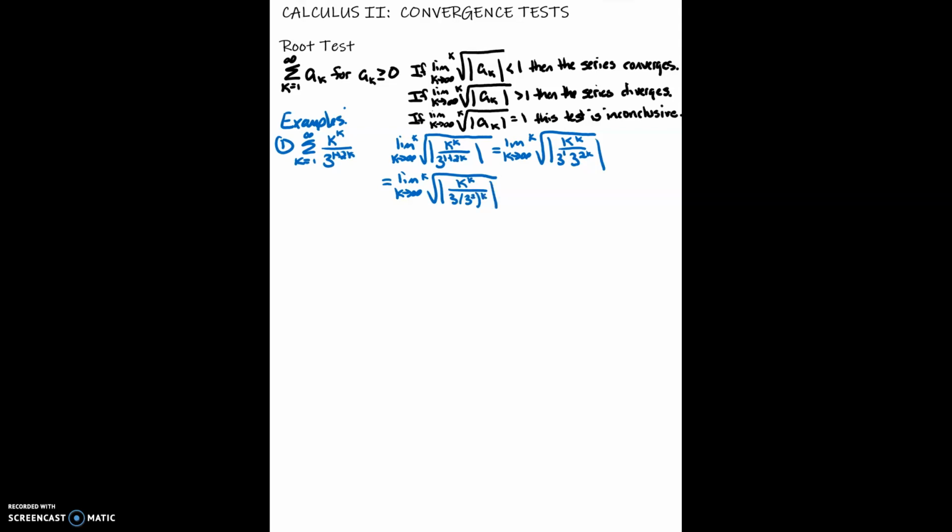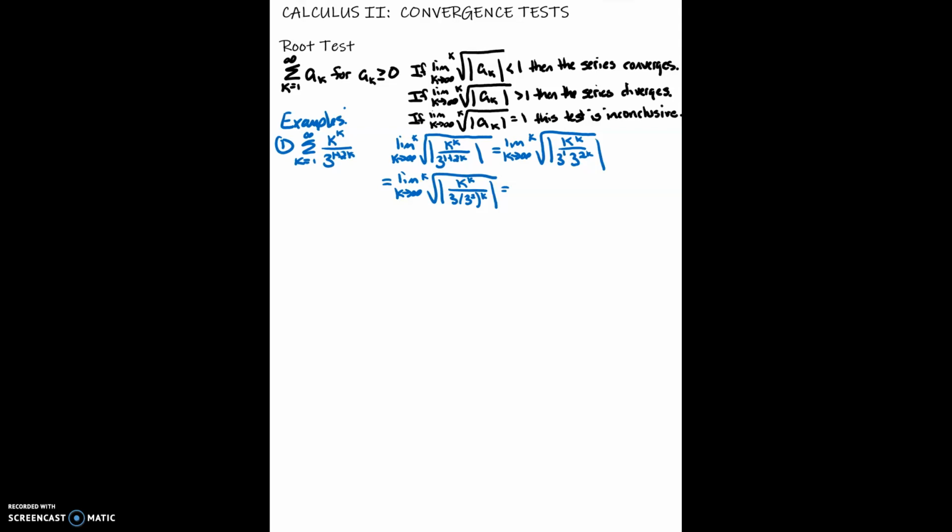Remember all those properties of exponents. I think I'm going to go ahead and take the kth root now. Yes, I could simplify 3 squared, and you're welcome to do so at any time. But let's jump in and take the kth root. K is an index, k is an exponent. Those undo each other. Happens here as well.